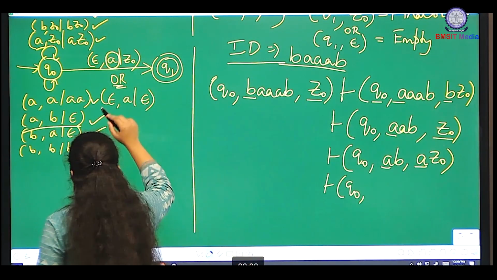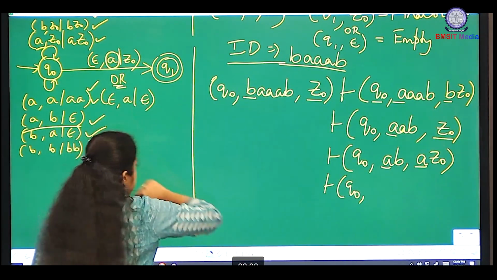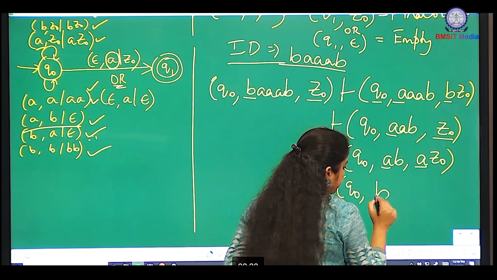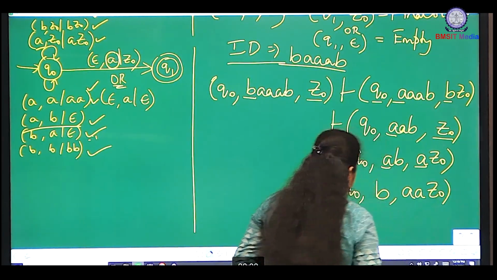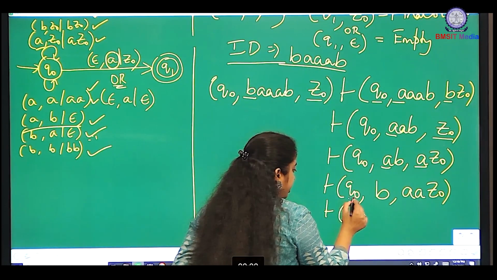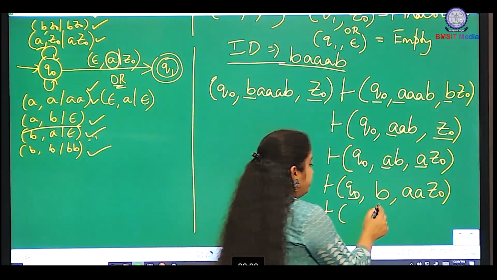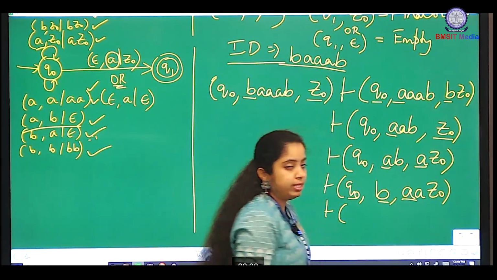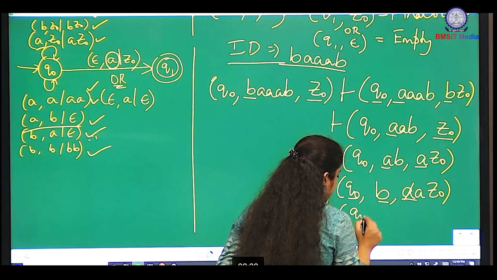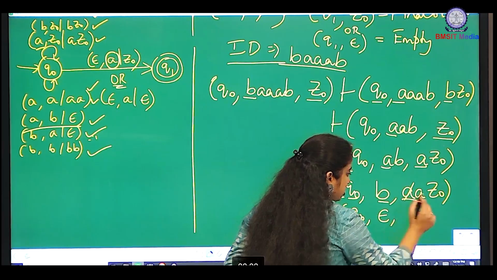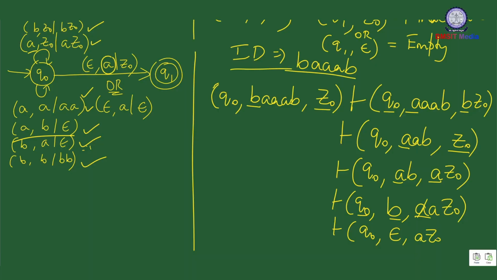So, corresponding to this particular operation, we will just keep the remaining string and push A to the stack. Next, you are in the state Q0 reading B, A is the stack element, different elements. So, pop it out. So, Q0 epsilon A Z0.